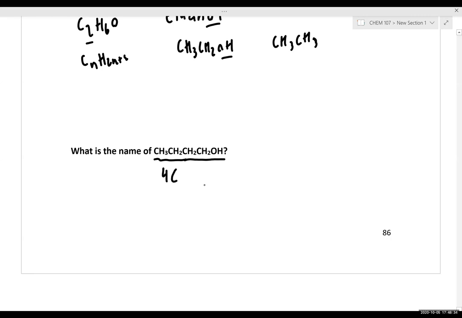So it's of the form C4H10, right? Yes. So it's of the form CnH2n+2. So it follows the typical formula of an alkane. So we can use the -ane ending to start.